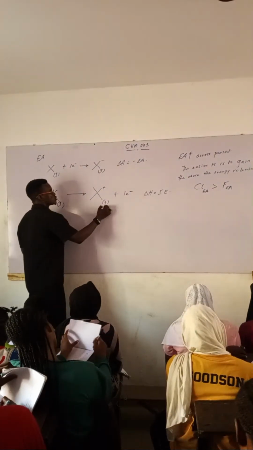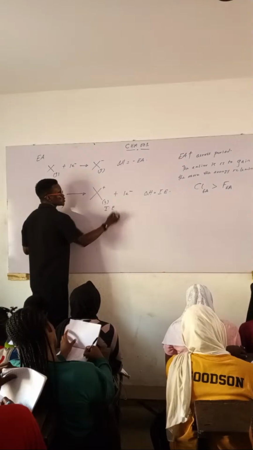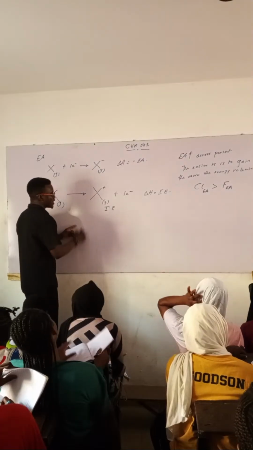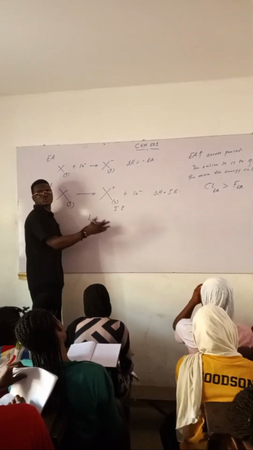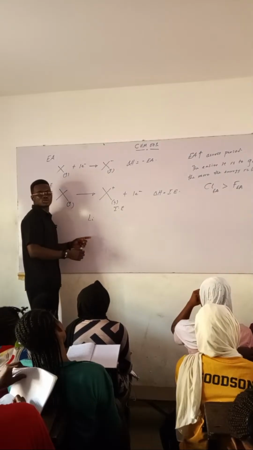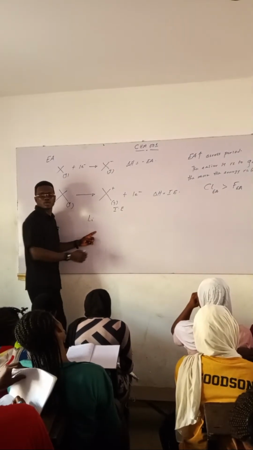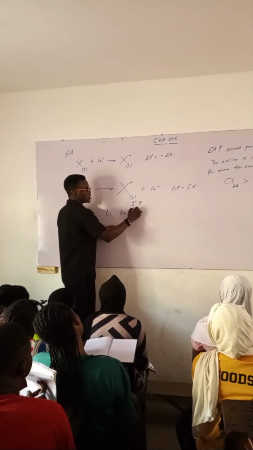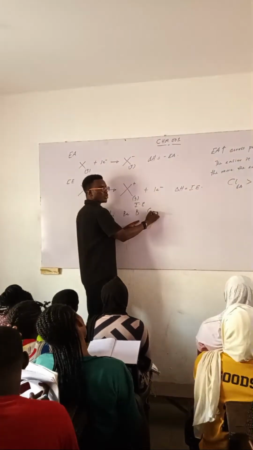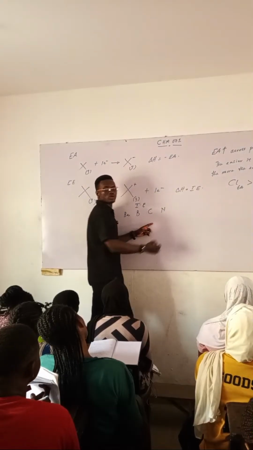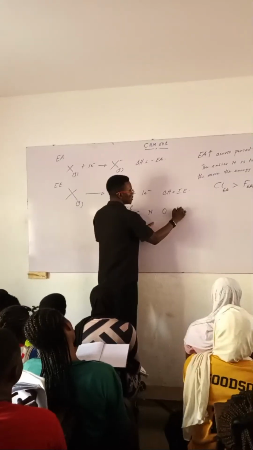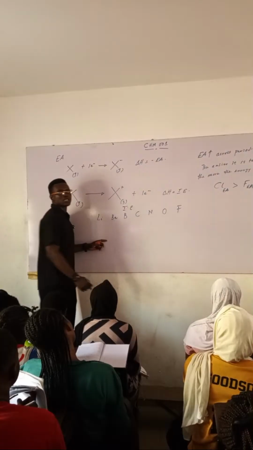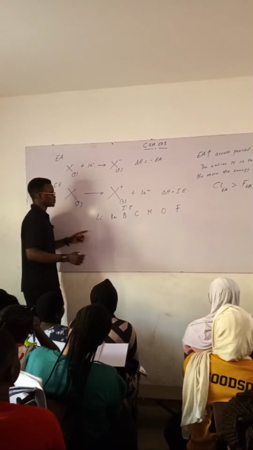And let me go back to ionization energy. You need to note something. We said ionization energy increases from left to right across the period. So we have lithium, beryllium, boron, carbon, nitrogen, oxygen, fluorine. Now, let me show you something.